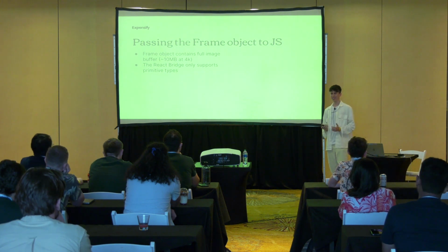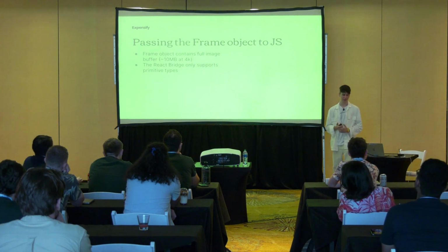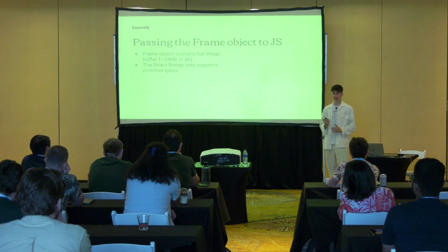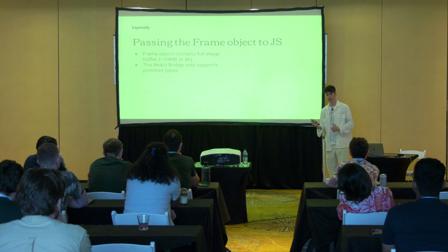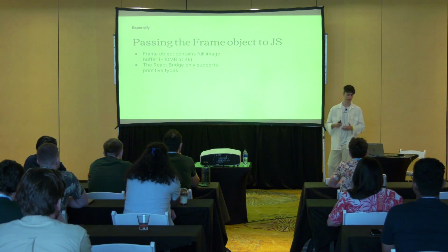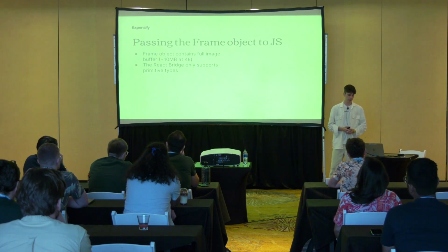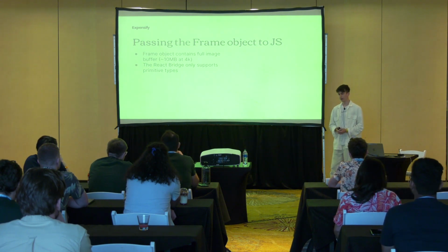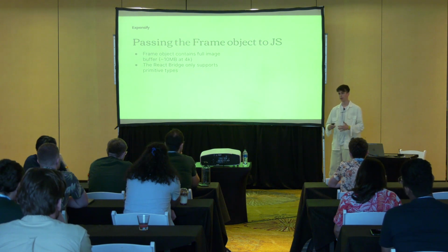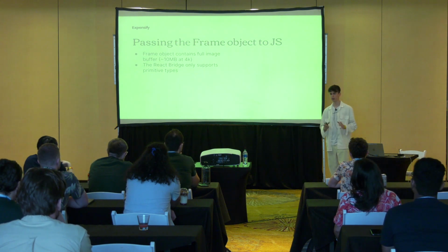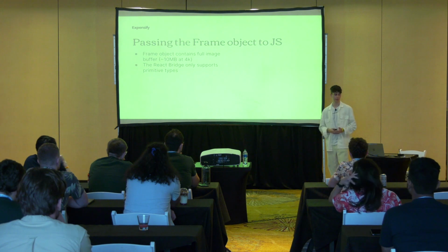So you can't really use byte arrays or number arrays or anything for that. Especially not because JavaScript is a garbage collected language, and it doesn't delete the object immediately, but rather until it hits memory limits, and garbage collection is slow. So yeah, the React Bridge also only supports primitive types. You can pass strings, numbers, JSON around, but not complex objects like GPU buffers.